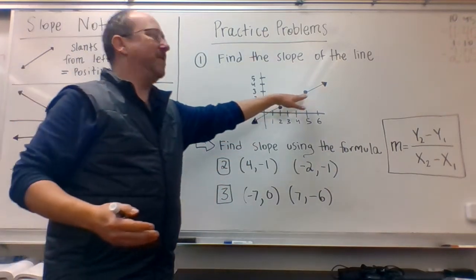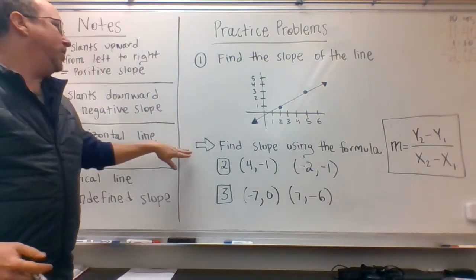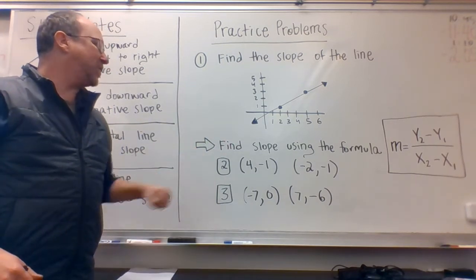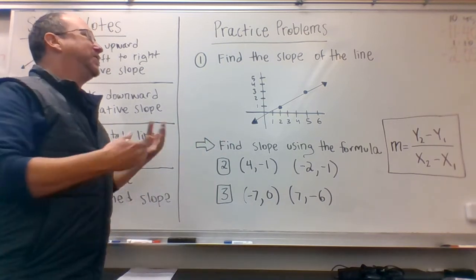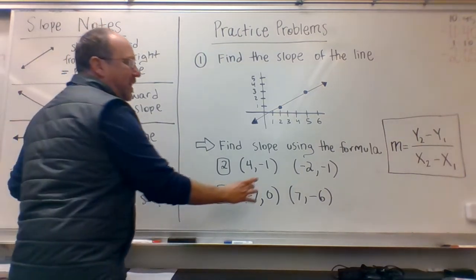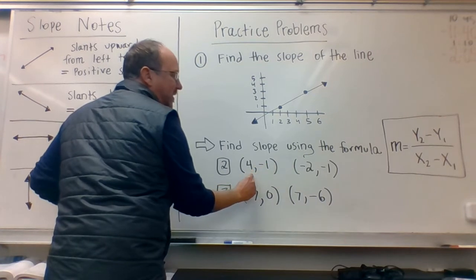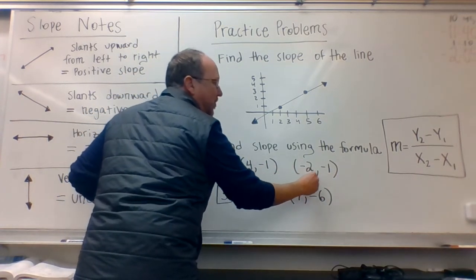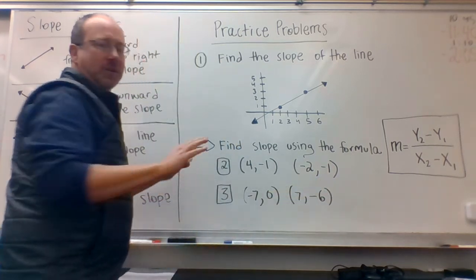So find the slope of that line. And then you're going to use the slope formula to use these coordinates to find the slope. So 2 more. You could say this is the first coordinate, x1, y1, and this is the second coordinate, x2, y2. You could do it like that.